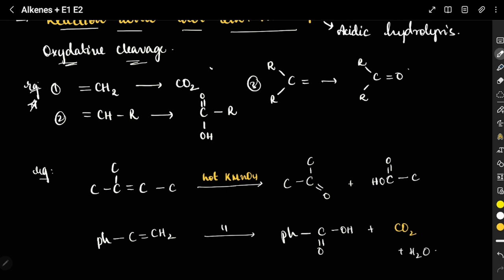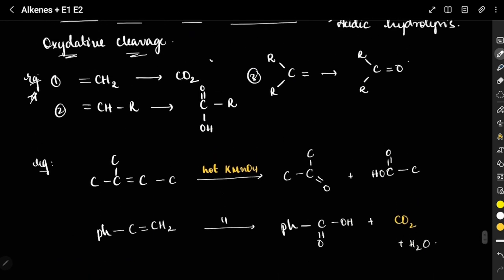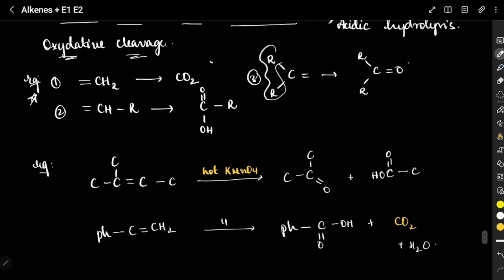Now let's see an example. For example, this is the alkene given to us. Whenever we react it with hot KMnO4, what would happen? First, this is going to break. What did I say? When there are two alkyl chains like this, just keep a double bond O. A double bond O is going to come like this.